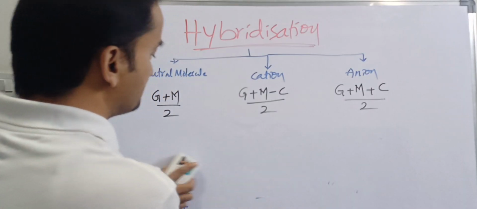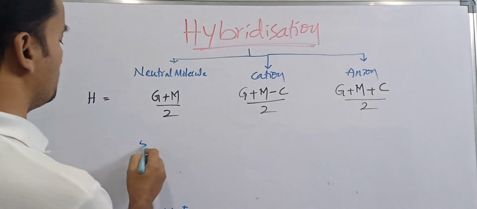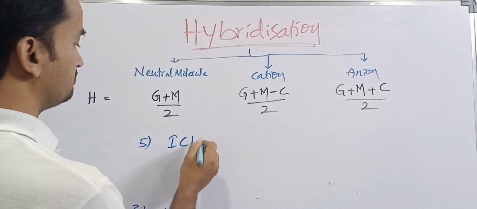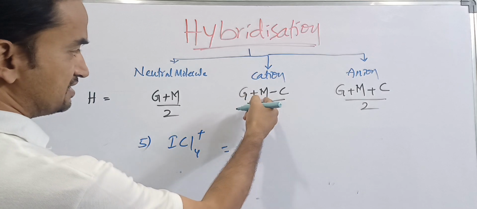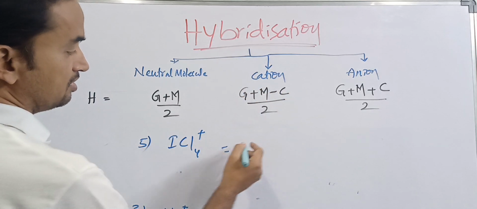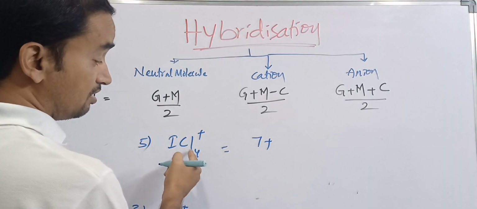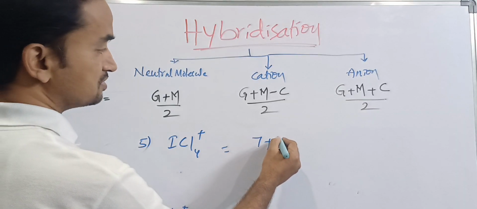Now we'll see one more example of a cation. Now ICl4 plus, you can take any example. Here H equals G plus M minus C by 2. The central atom is iodine. The group number is again 7. Here all the chlorine atoms are monovalent atoms.